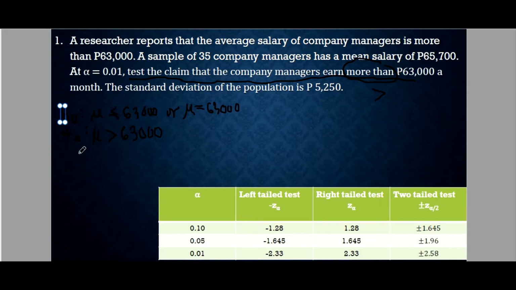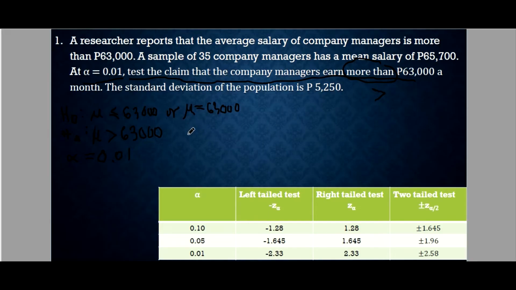But take note that the alternative hypothesis is our basis for our critical region later. Next, the next step is to write down the alpha. Our level of significance is given, alpha at 0.01.